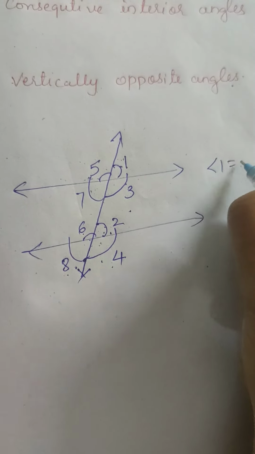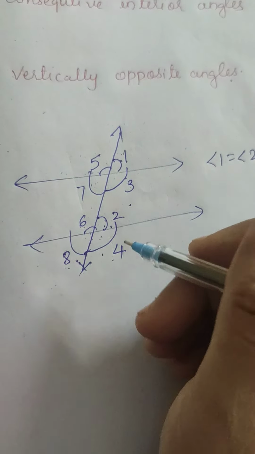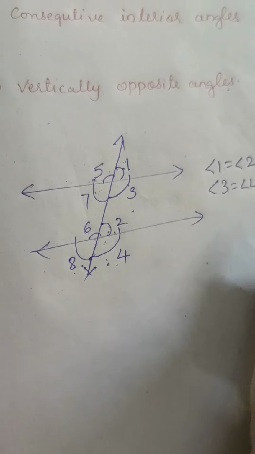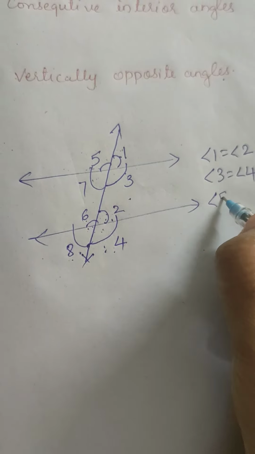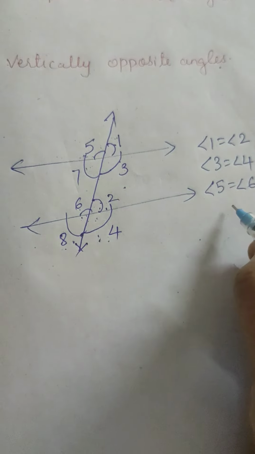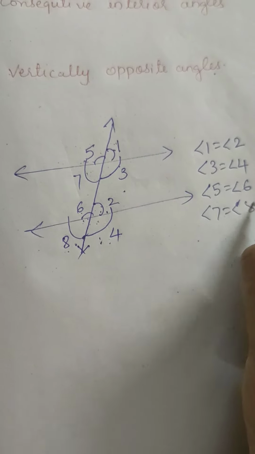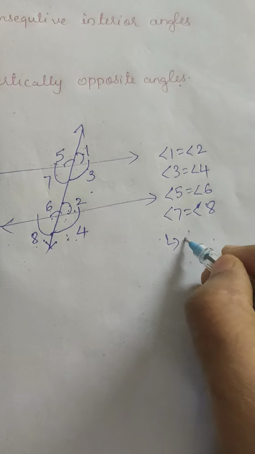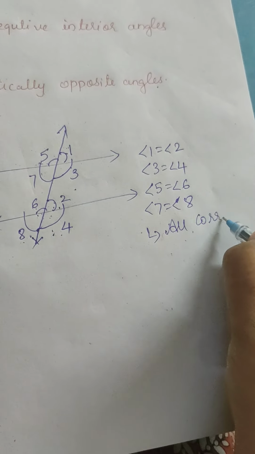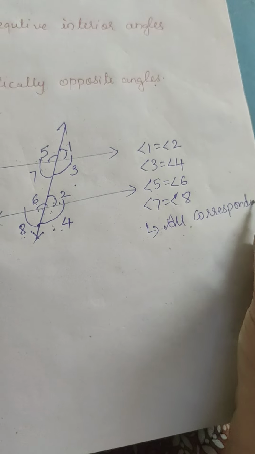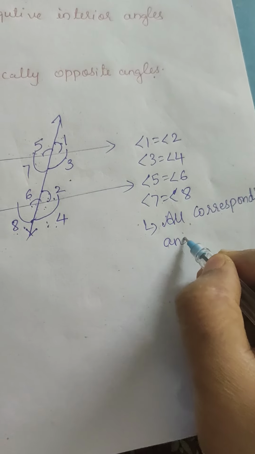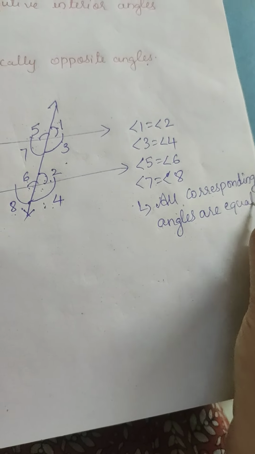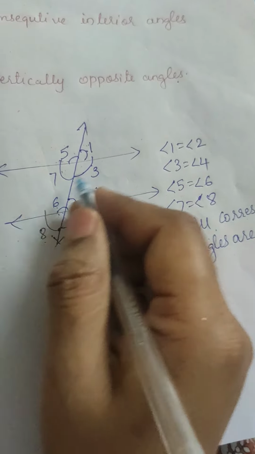Angle 1 is equal to angle 2, angle 3 is equal to angle 4, angle 5 is equal to angle 6, angle 7 is equal to angle 8. All corresponding angles are equal. Corresponding angles are always equal.